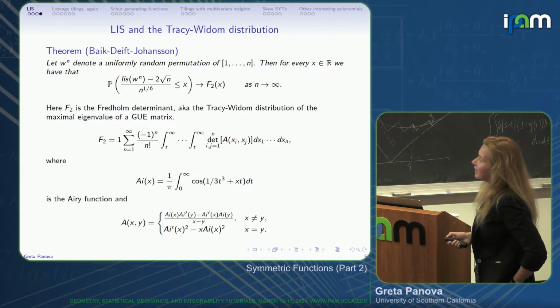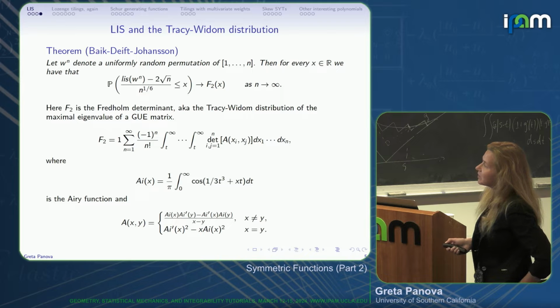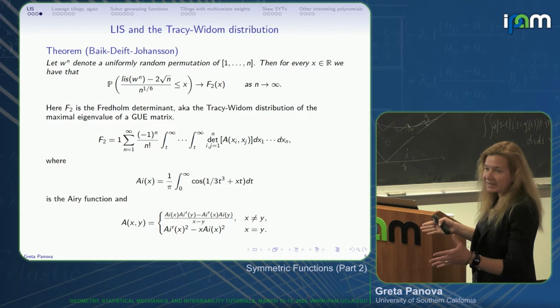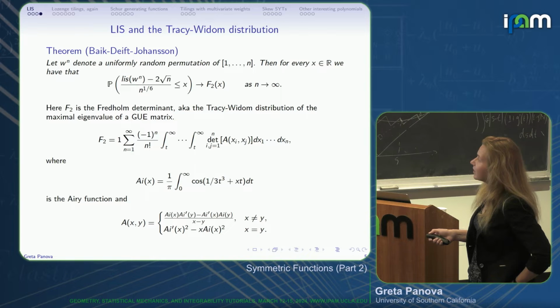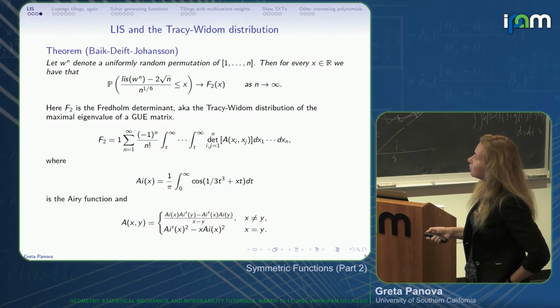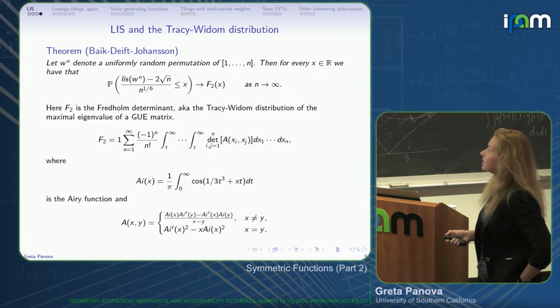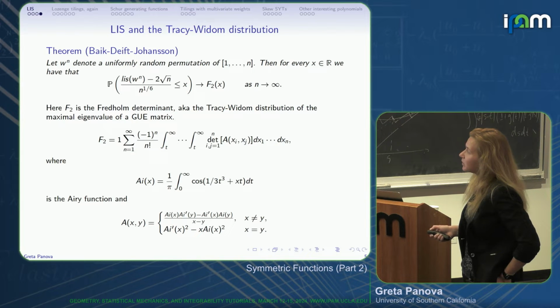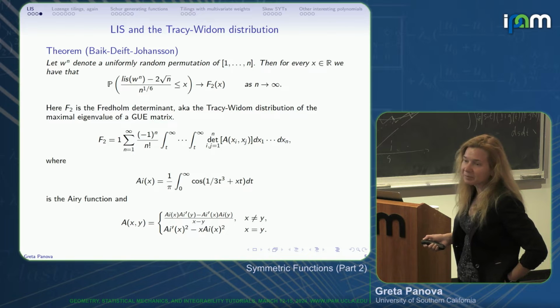If we subtract the mean, which is 2 square root of n, of our longest increasing subsequence, and divide by n to the 1/6, so we are in the right scaling regime, then the probability of being less than or equal to x converges to F_2(x). It's called a Fredholm determinant, which comes from operators that can be expressed as determinants, and it's also known as the Tracy-Widom distribution of the maximal eigenvalue of a Gaussian unitary ensemble matrix.